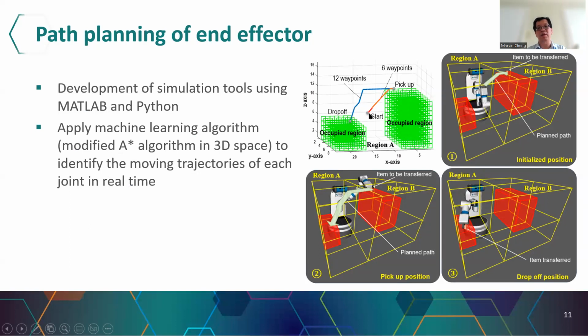With this algorithm, from the start point to the pickup location, it takes about 6 waypoints. From the pickup point to the drop-off point, it takes another 12 waypoints. If something happens in between, then A* can recalculate within 1 second, which is pretty efficient for this configuration.